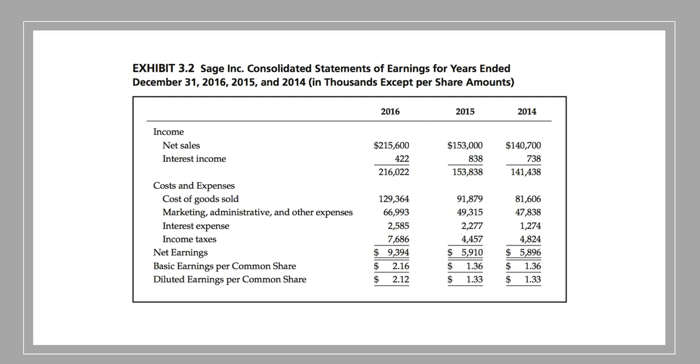So first, this is a single step income statement. Notice that up in the top portion, you've got income: net sales and interest income. In this particular example, those are the only forms of income this company had, and so they gathered them together up at the top and totaled all of the income.